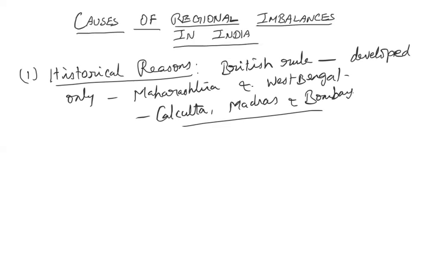So they were using that raw material to develop the industries in their own country, England. Only these three places had the ports, isn't it? So only these regions were developed during the British rule. That is the origin, the historical reason, the beginning of regional imbalances in our country.